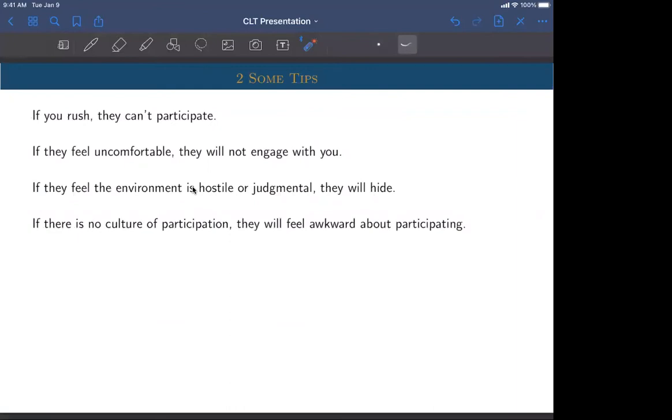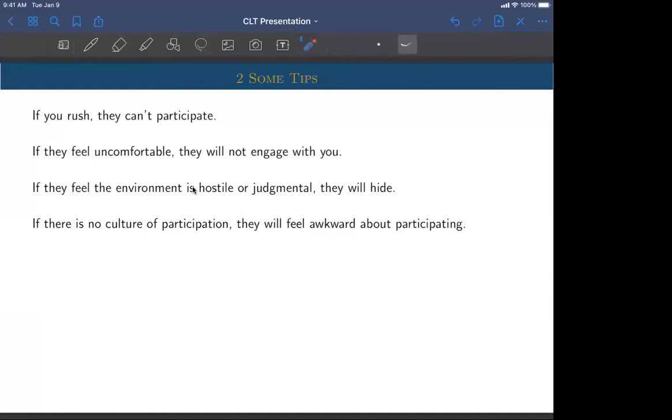One tip I found is that if you rush, your students are not going to be able to participate. If you're clicking through slides rapidly just to get to the very end, saying everything is obvious and trivial, you're not giving students space to interact with you, and you can't gauge whether they understand the concepts and ideas.